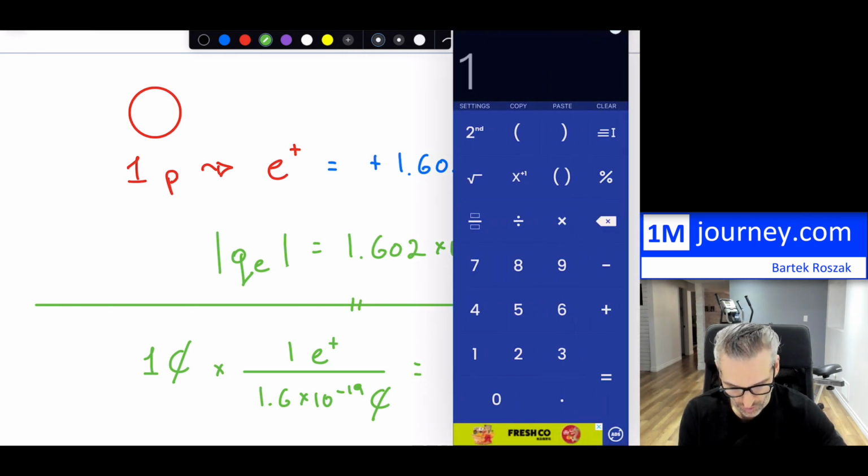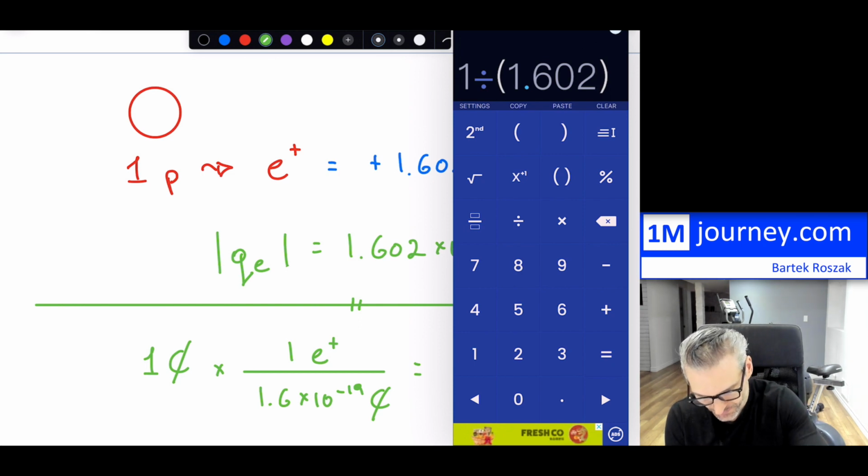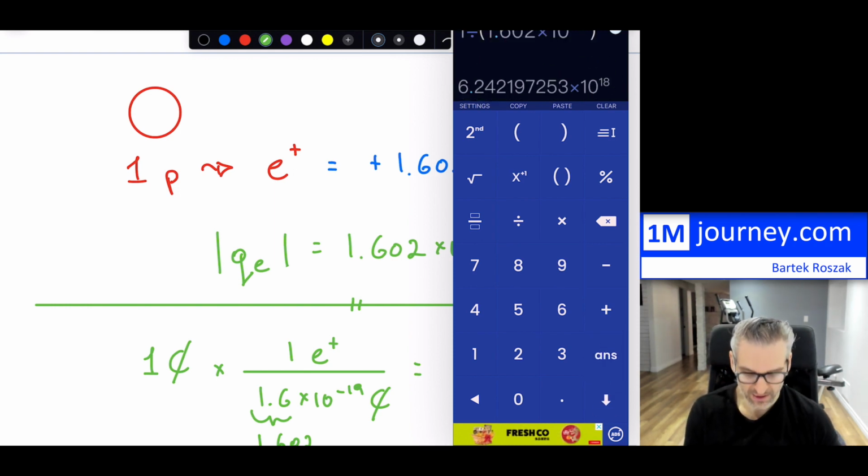Well, this is just 1, and then it would have been divided by 1.602, and then multiplied by 10 to the exponent negative 19, and you'll see it's enormous.